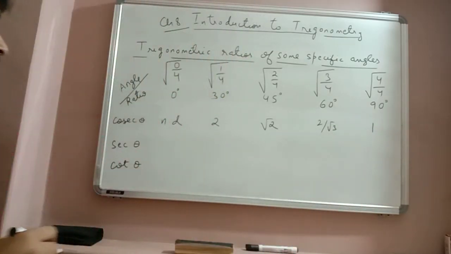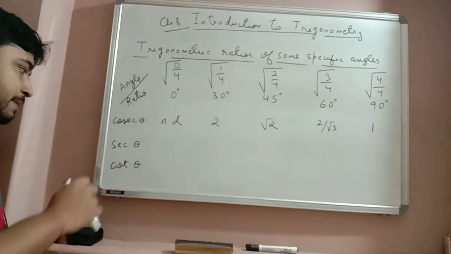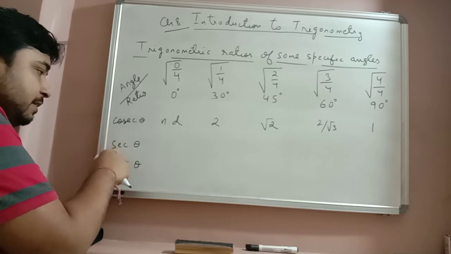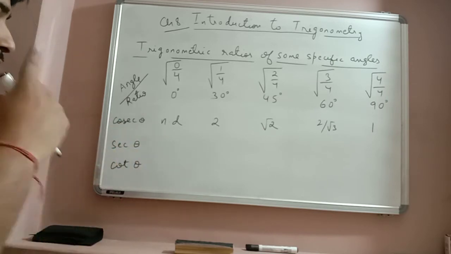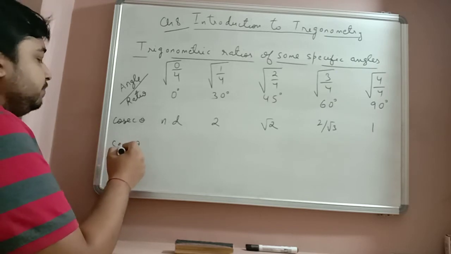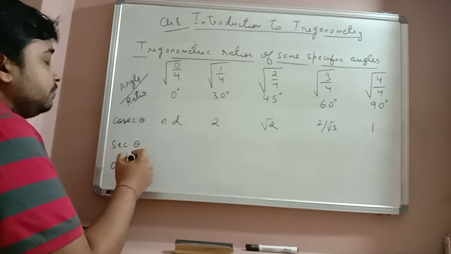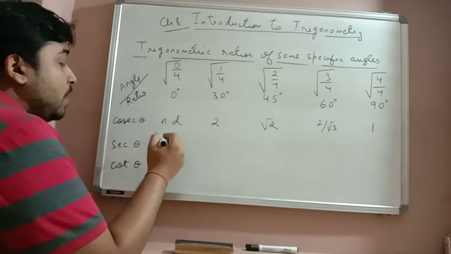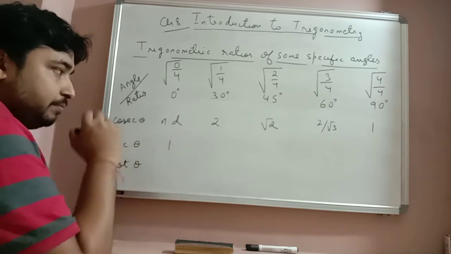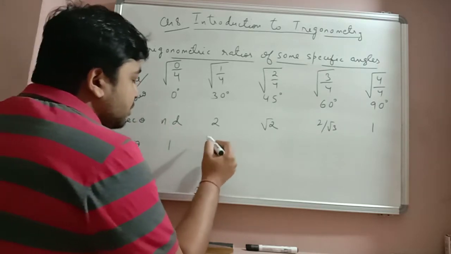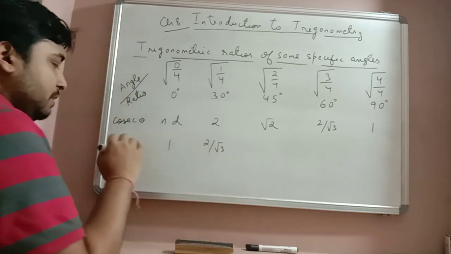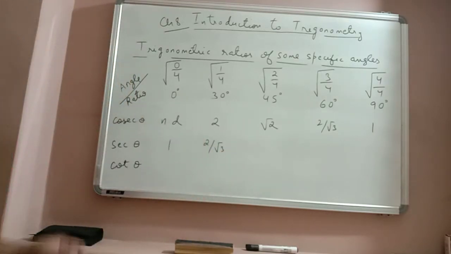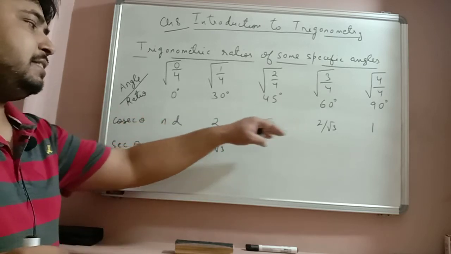Now reciprocals of cos will give the values of sec. So we remember that the value for cos 0 was 1, so sec 0 is also 1. Cos 30 degree was root 3 by 2, so sec 30 degree is 2 by root 3. Or we can simply reverse these values.